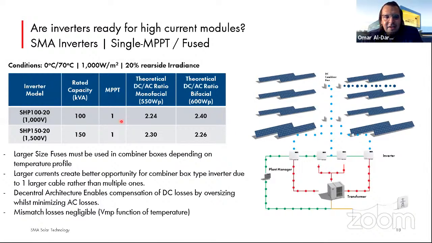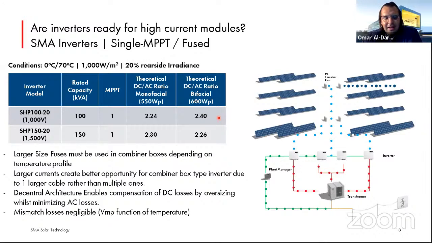In terms of our string inverters, you've got the 1000 and 1500 volt variants that come at 100 and 150 kilowatt capacity. And with the 550 and 600 watt Trina Vertex modules, you can go up to a 2.4 DC to AC ratio.